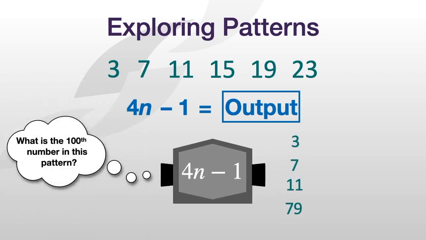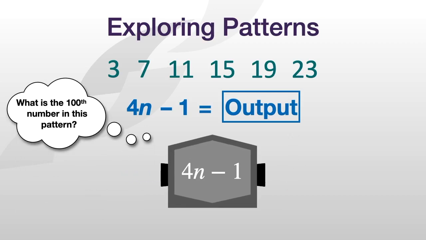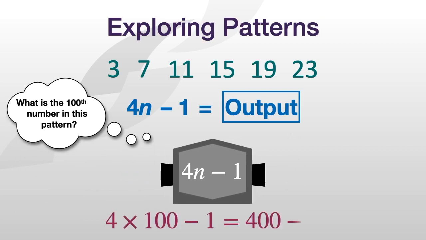How could you use this expression to figure out the 100th number in the pattern? We input 100 and multiply it by 4 to get 400, then subtract 1, and that gives us an output of 399.